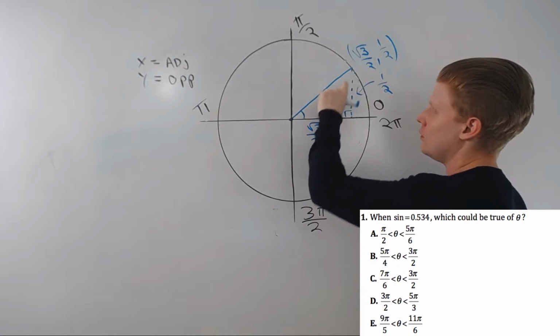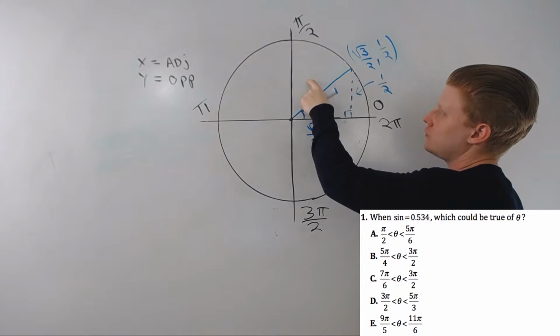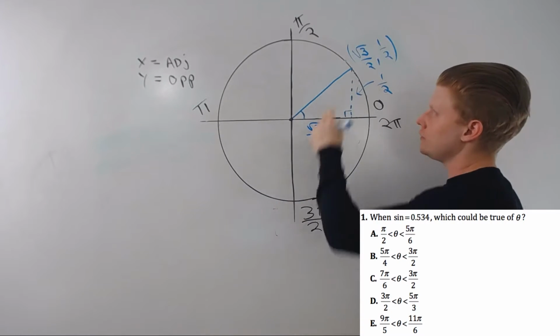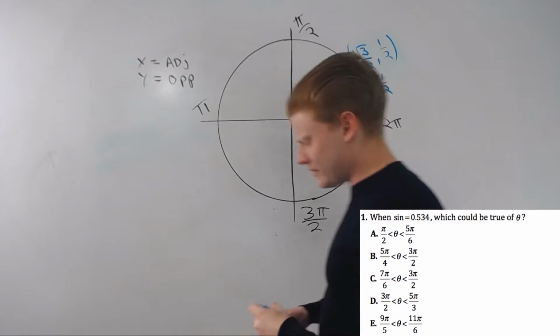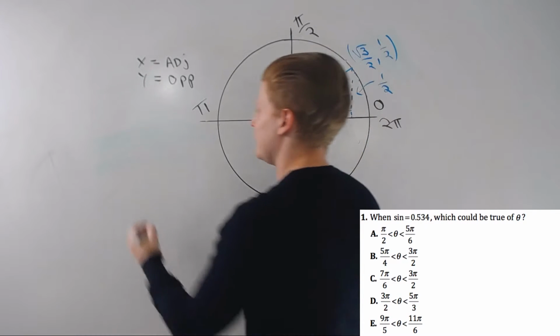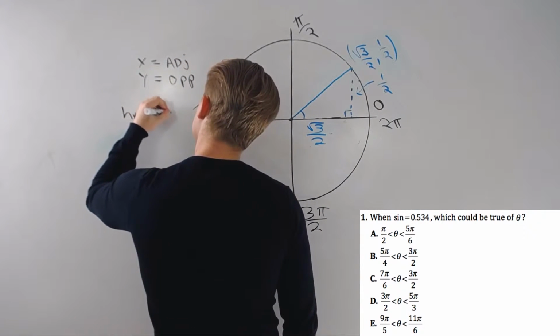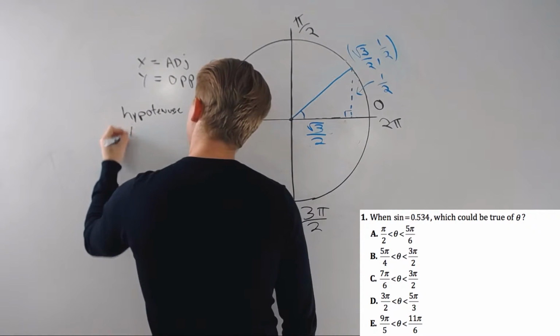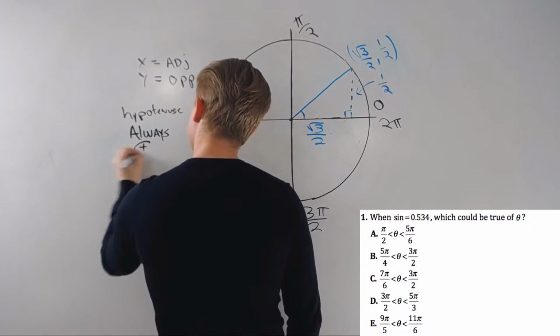Sine would be y over hypotenuse. All right, well, that's going to be positive, right? Because everything's positive over here to begin with, but the thing I haven't told you yet is the hypotenuse is a distance. Hypotenuse is always positive. Can't have a negative distance.